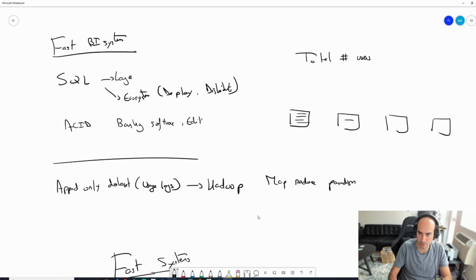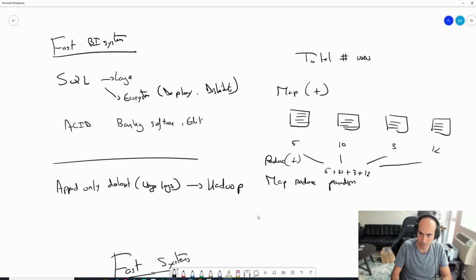So this is all my users. What I basically do is map the addition function to sum up all the users for each server. Let's say I get 5, 10, 3, 12. Then I do a reduce operation, which is again an addition, that sums these up, and that gives me the total number of users that I have.